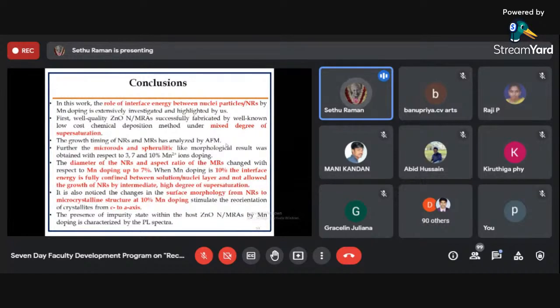It is also noticed that there is a change in surface morphology from the nanorods to the micro rod crystal structure at 10% of M doping. So it simply reorients the crystallites from the C axis to the E axis of ZnO. The presence of impurity states within the host ZnO nano-micro rod arrays by M doping is characterized by the PL spectrum.